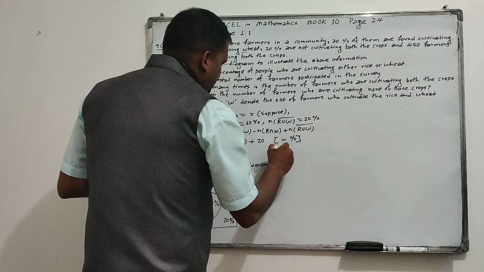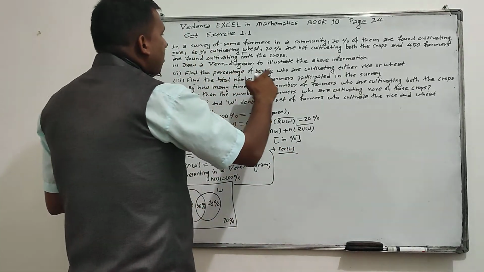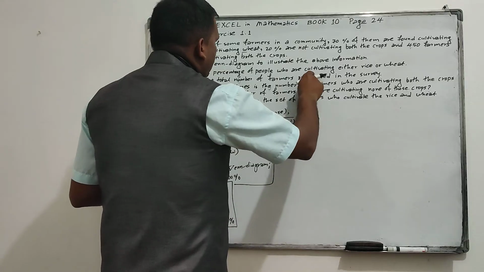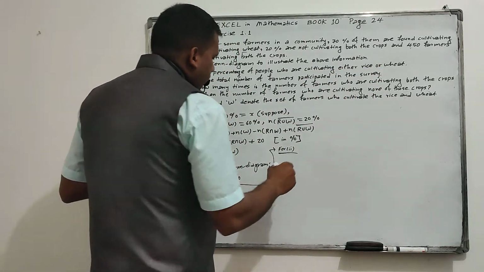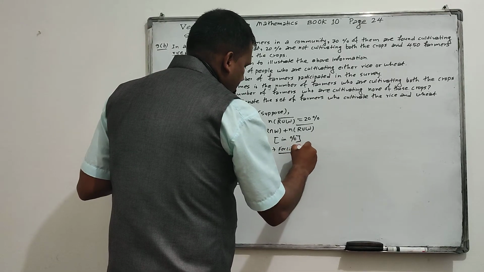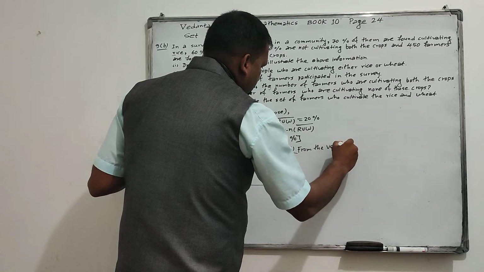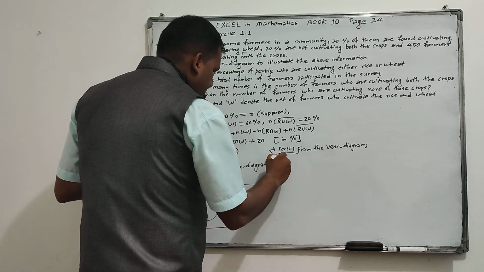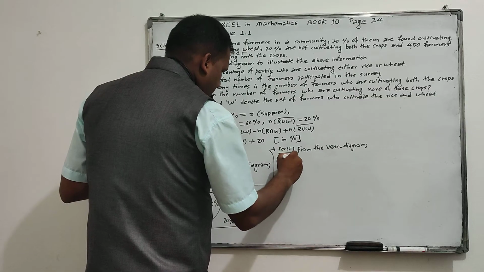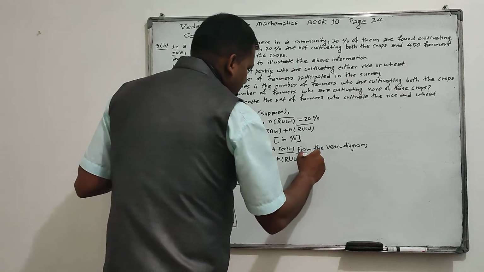Now for 2, find the percentage of people who are cultivating either rice or wheat. That is number of R union W. So from the Venn diagram, number of R union W equal to 20 plus 50 plus 10%.